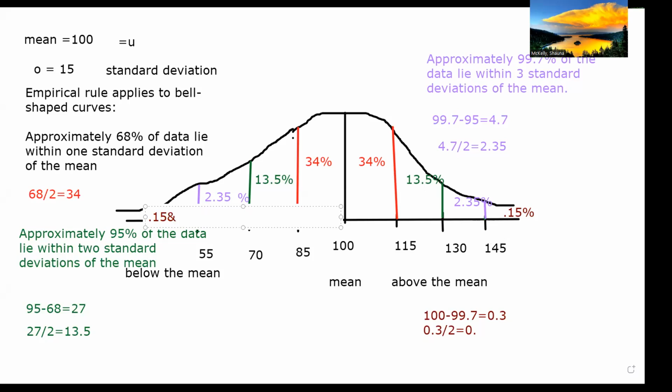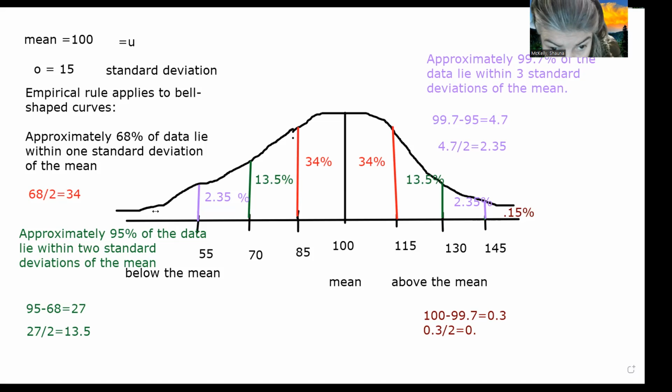Now, if you want the decimal equivalence of this, remember you get rid of the percent sign, and you divide by 100. So let me put this up a little bit more so you can see.